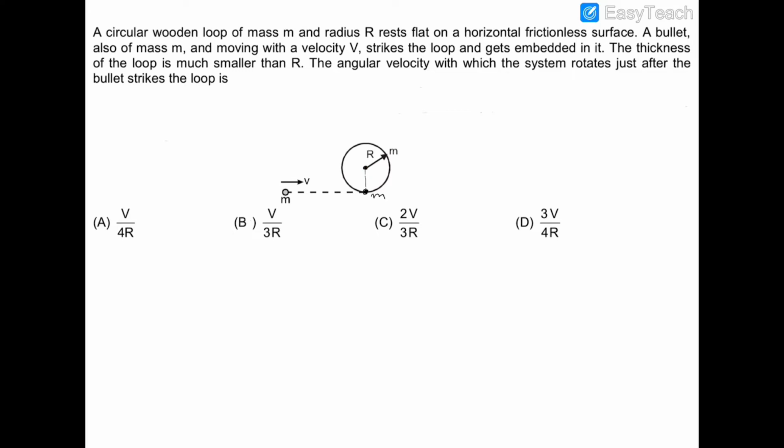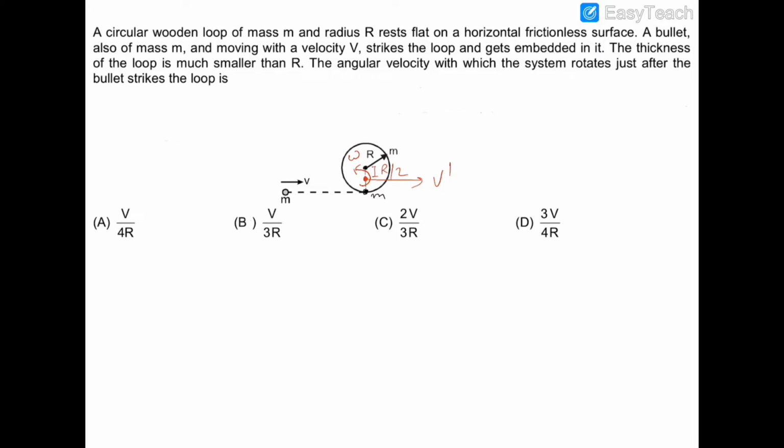So the center of mass of this complete system would be at this point, which is at r by 2 from both ends, and this is COM. This center of mass would be moving with a velocity, let's suppose it is v dash, after the collision, and the system would be rotating with an angular velocity of omega about the center of mass.